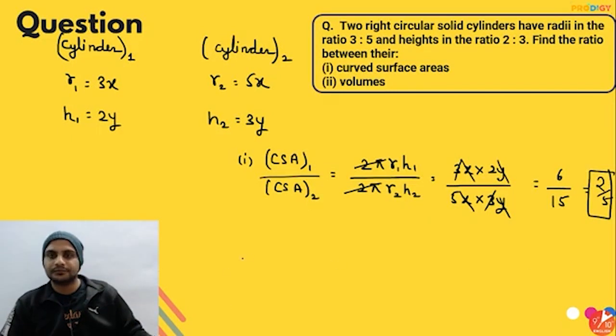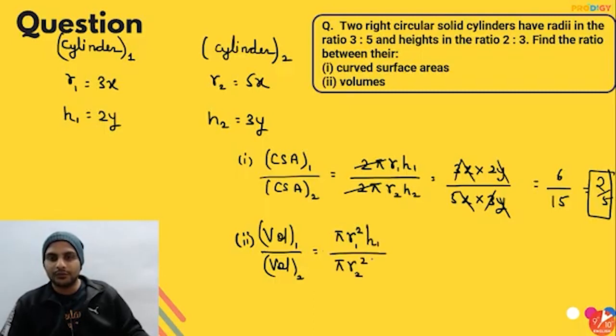ठीक है. Alright, similarly let's get the volumes ratio. Volume of first cylinder divided by volume of the second cylinder. Volume formula is what? Pi r1 square h1 divided by pi r2 square h2. Pi to pi got cancelled. r1 is 3x whole square into h1 is 2y, and here 5x whole square into 3y.